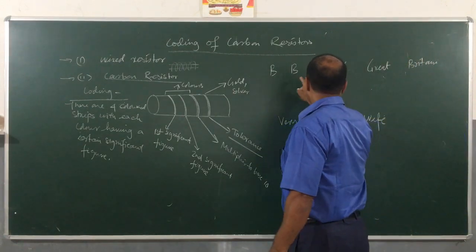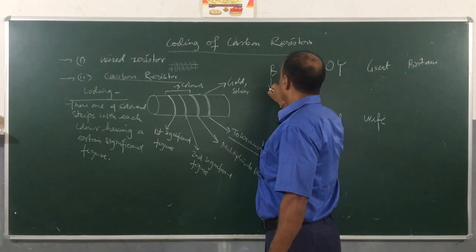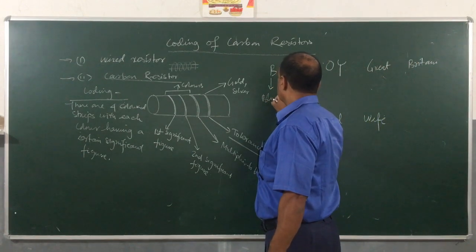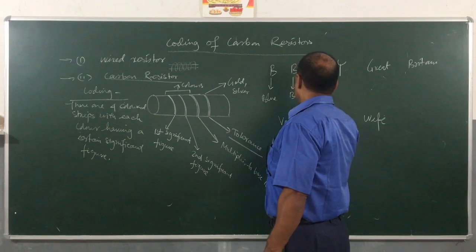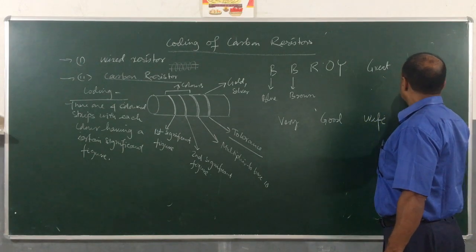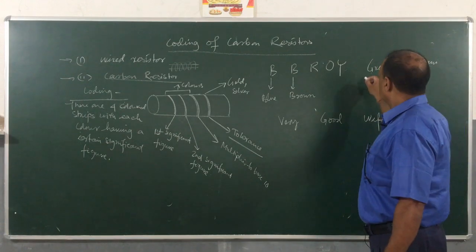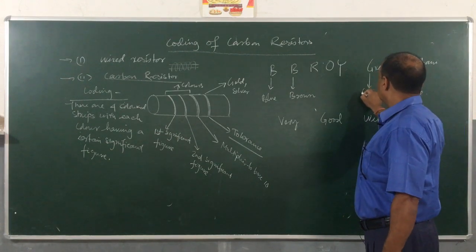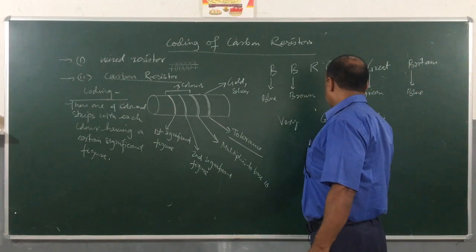Now there are three B's, be very careful. This B is black, this is brown, and this is blue. There are two G's. First G is green and the second G is grey.